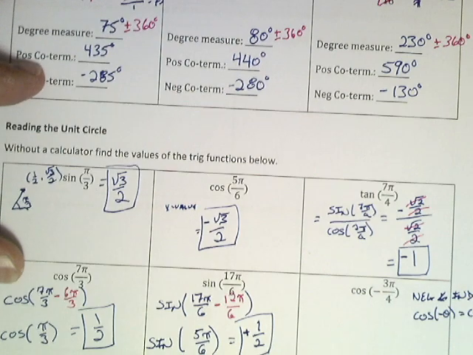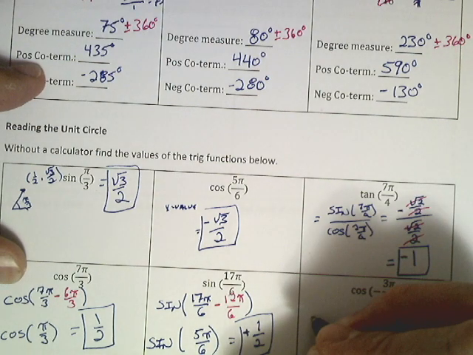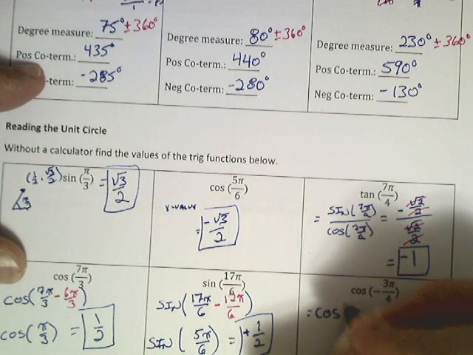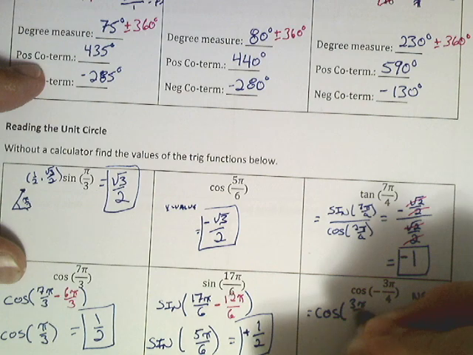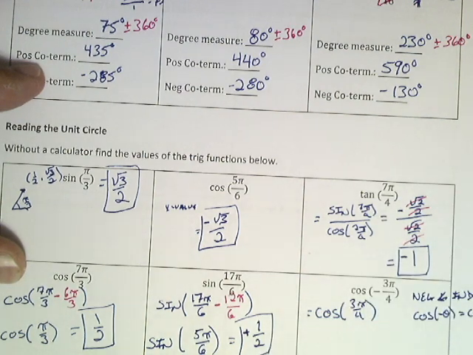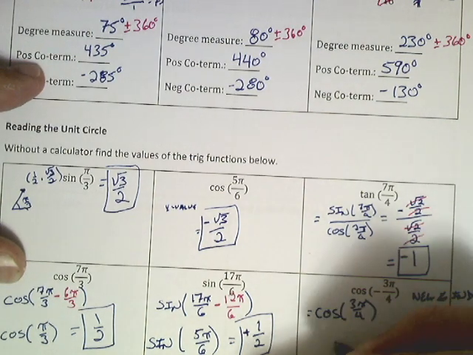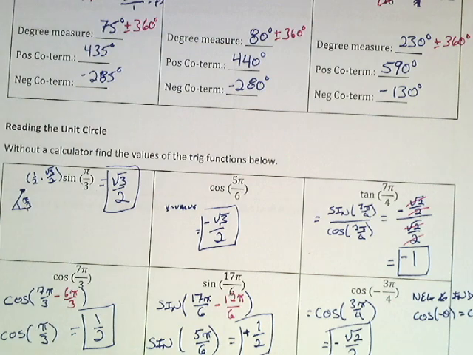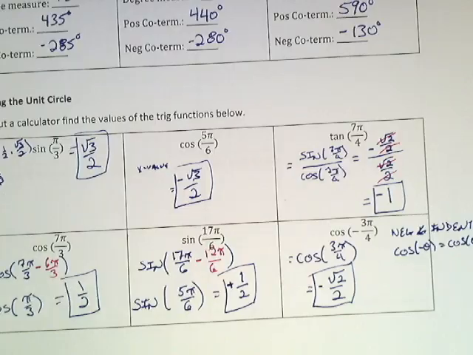We can drop the negative because cosine is an even function. So we could say this is equal to cosine of 3 pi over 4. And cosine of 3 pi over 4 is a negative square root of 2 over 2. There we go. And that concludes page 1.